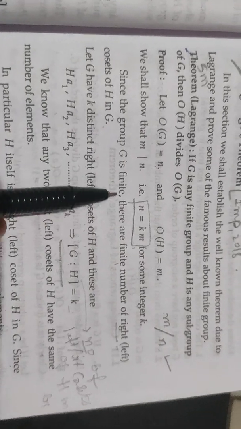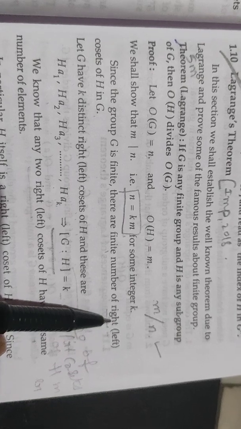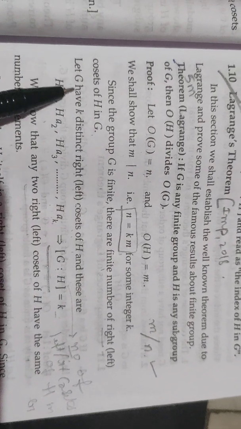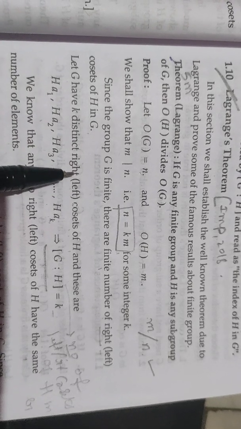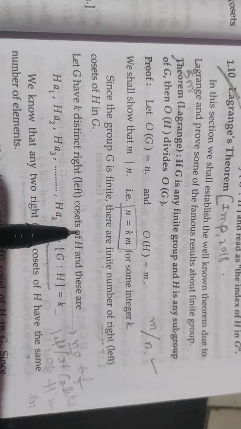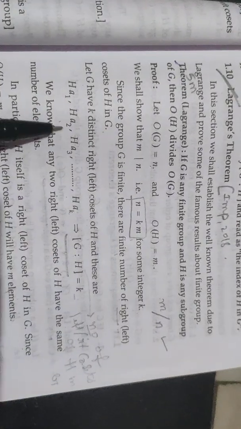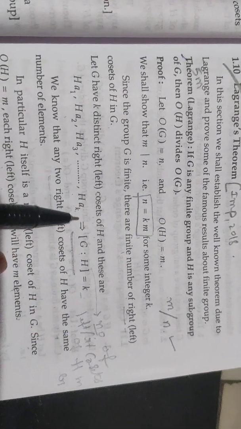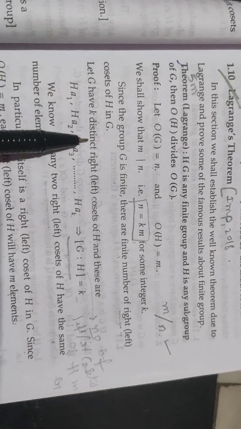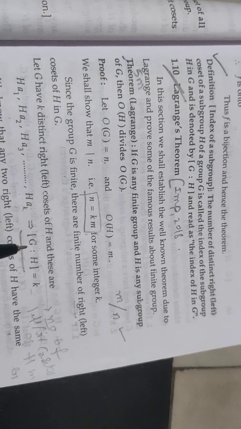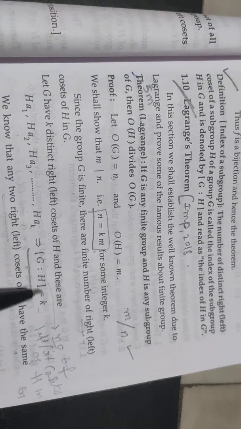Since G is finite, there are a finite number of right or left cosets of H in G. So suppose G has k distinct right or left cosets of H, then Ha1, Ha2, Ha3 and so on up to Hak are the k distinct right or left cosets of H in G. And so now by this definition, the index of H in G can be written in this way, which is equal to k.